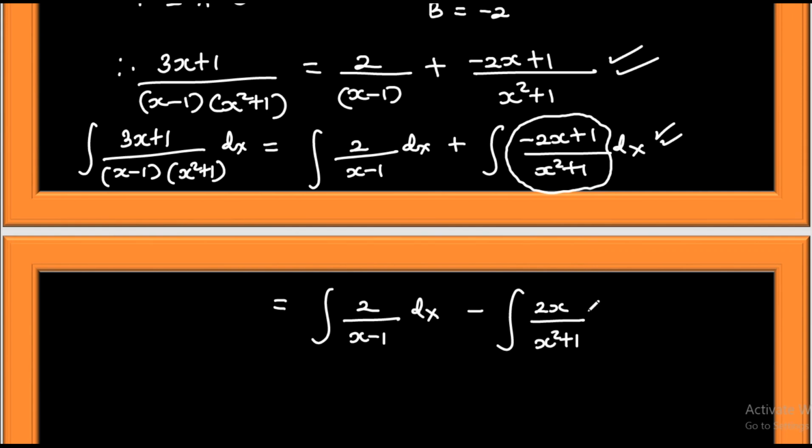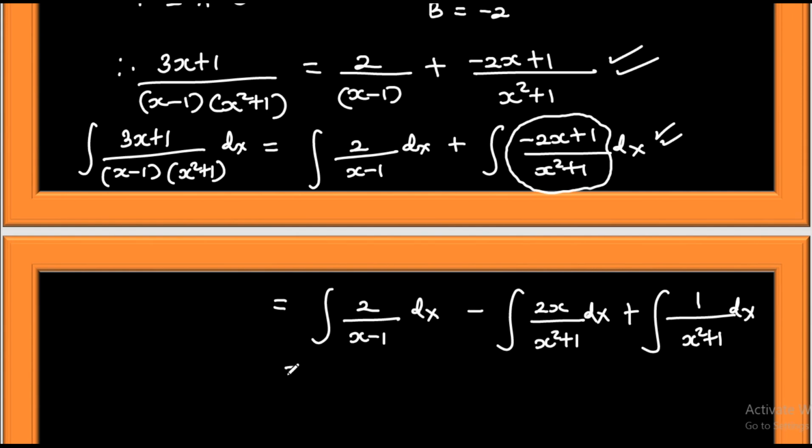That's why I'm integrating it alone, and then plus another integral of 1 out of x squared plus 1. What I mean is we have taken this as negative 2x out of x squared plus 1 plus 1 over x squared plus 1. So I have decided to treat them as individual integrals for purposes of simplicity.